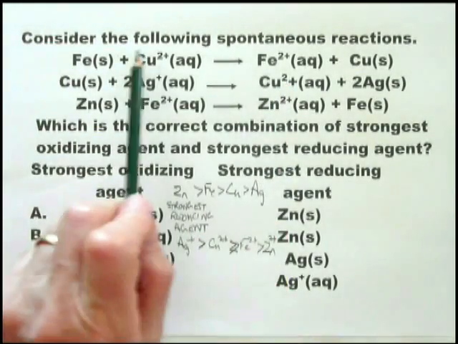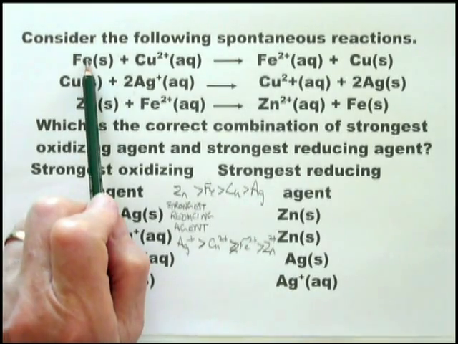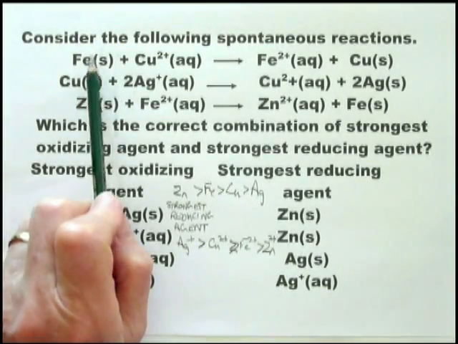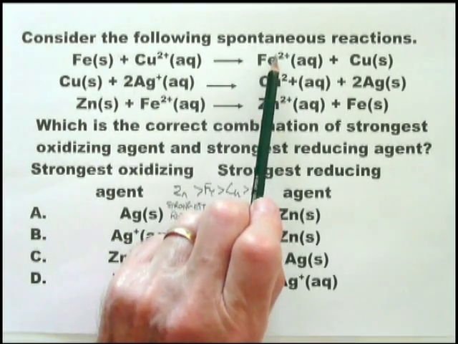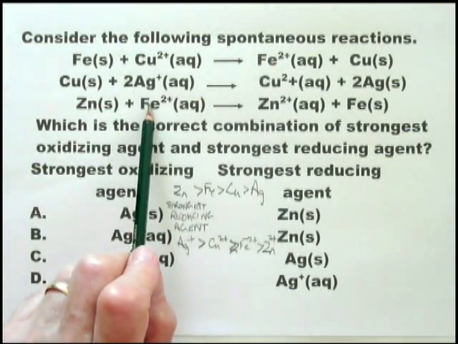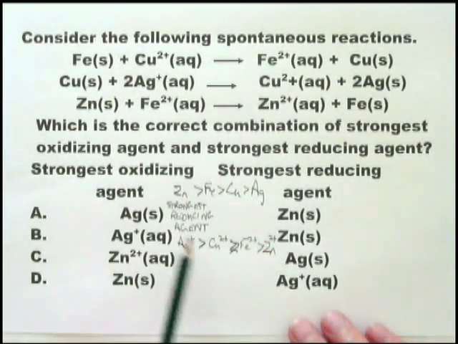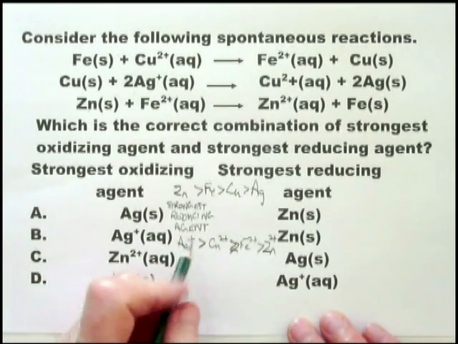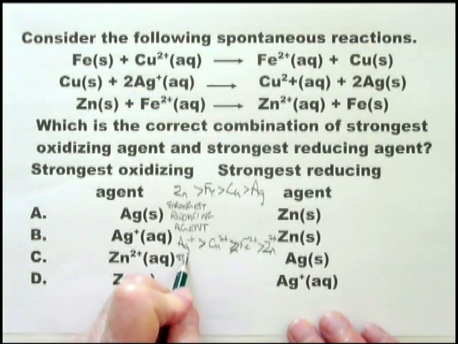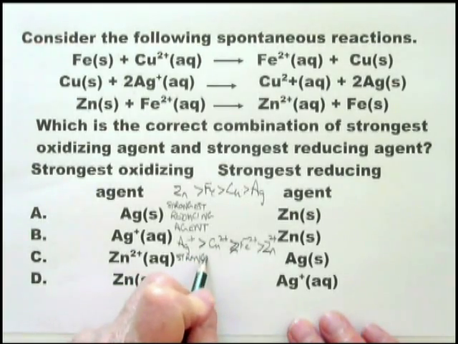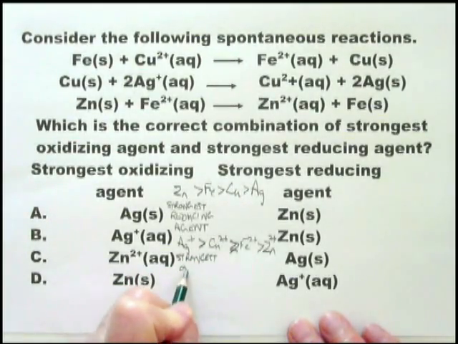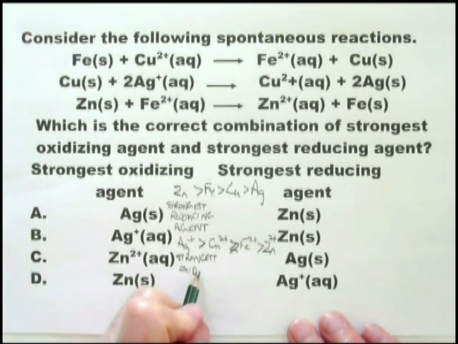The Cu2+ oxidizes Fe to Fe2+, and the Fe2+ oxidizes zinc to Zn2+. So therefore, this is the strongest oxidizing agent.